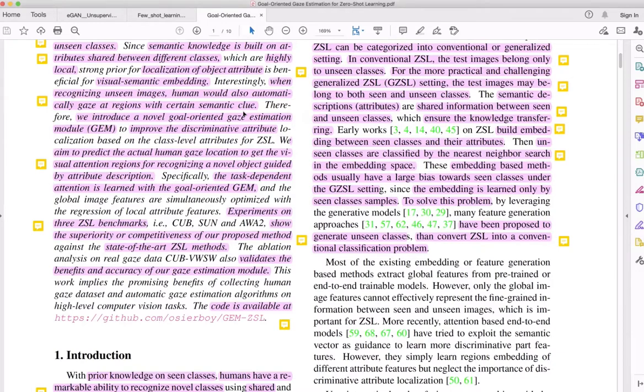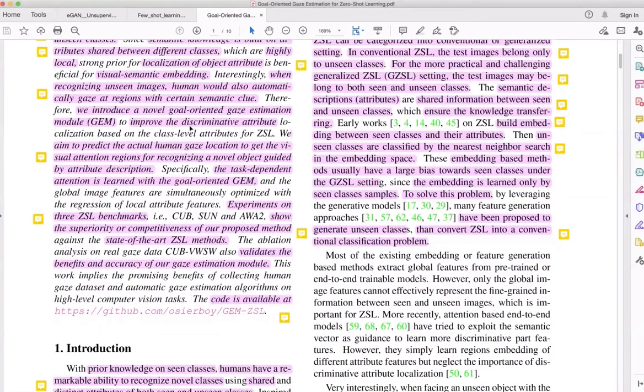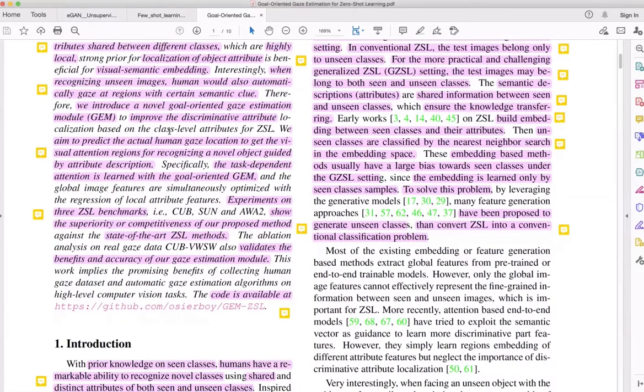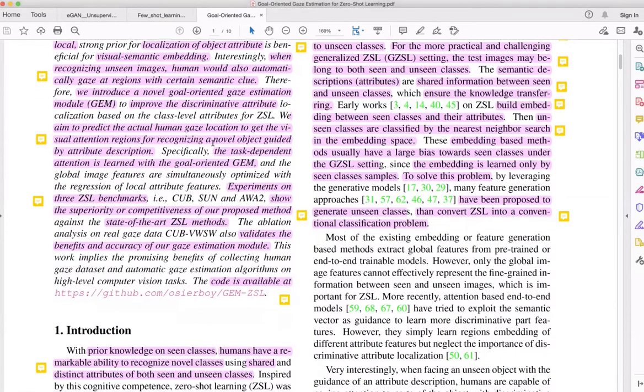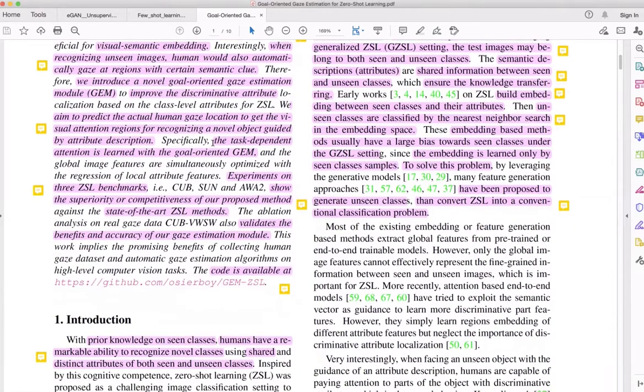But here we are not explicitly giving those attributes out. So they introduced a novel goal-oriented gaze estimation, which they call GEM, to improve the discriminative attribute localization based on the class-level attributes for zero-shot learning.